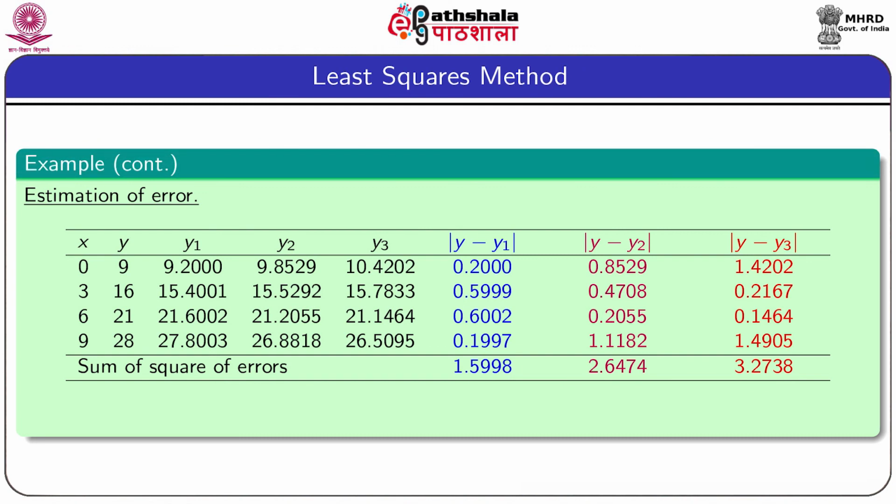The next column represents the values of y obtained from y3, and then the sixth column represents the absolute values of y minus y1, that means the residual for the true value y minus y1. The next column represents the absolute errors or residuals for the curve y2, that means absolute value of y minus y2, and the last column represents the residuals for the curve y3, that means y minus y3.